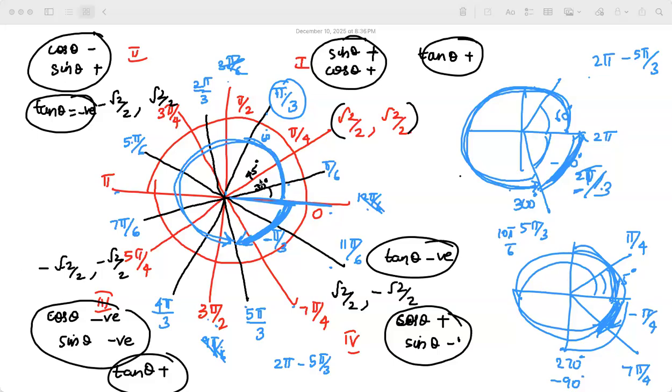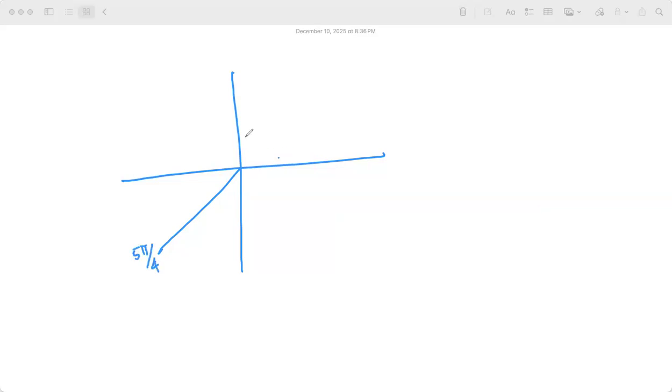Okay, let's do a few revisions on that. I'm not going to go to nice 60-degree angles at all. How about this? This is 5 pi by 4, right? What is this angle? What is this in radians?